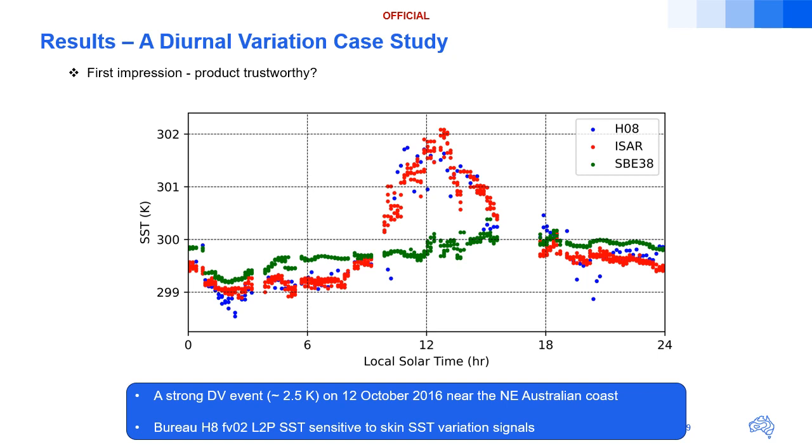And also we can easily see that the blue dots are following pretty closely with the red dots during this whole period. That means the satellite is actually picking up the diurnal variation signal pretty well. So after this case study, this product has left us with a pretty good first impression: it can be trustworthy and is sensitive to the diurnal variation, to the skin SST signals.